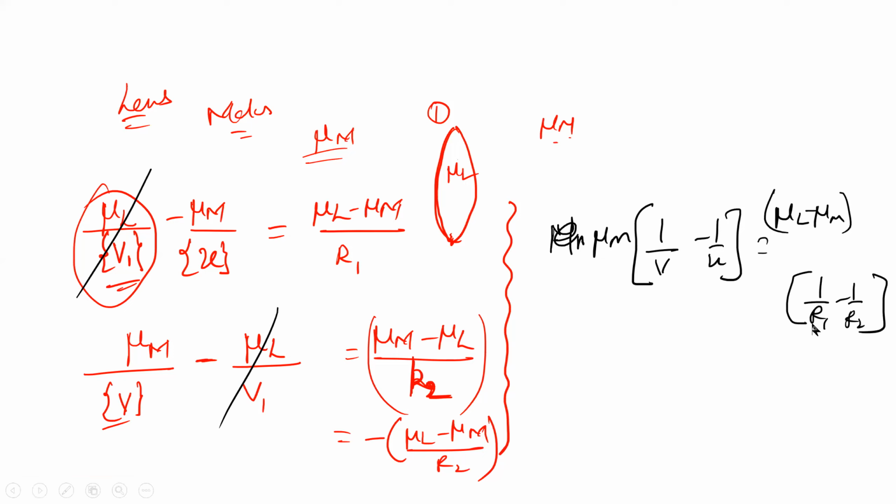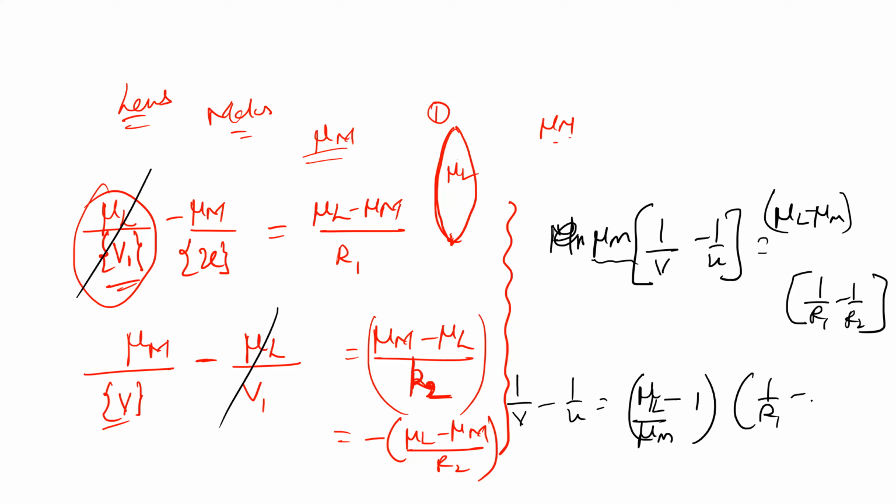Is it right? Now 1 by v minus 1 by u, if I send this mu M to the other side, I get mu L by mu M minus 1 into 1 by R1 minus 1 by R2, or not? Shall I go ahead now?